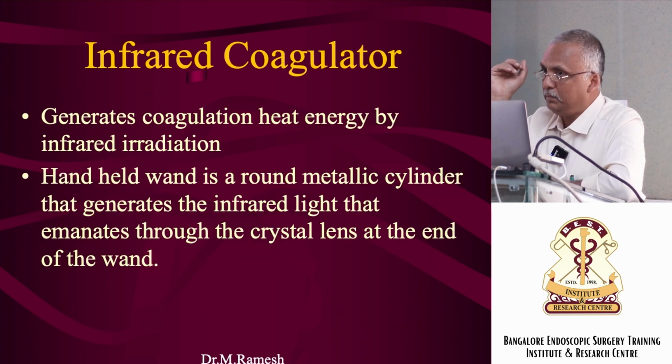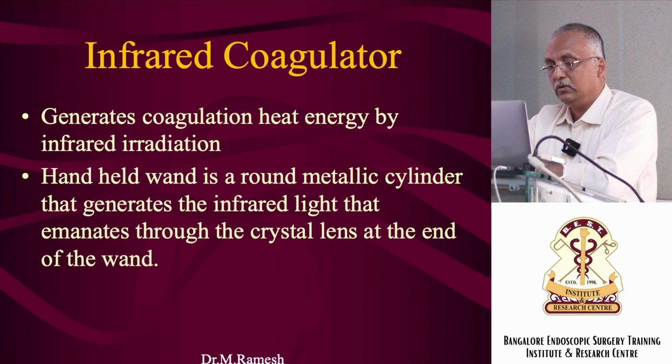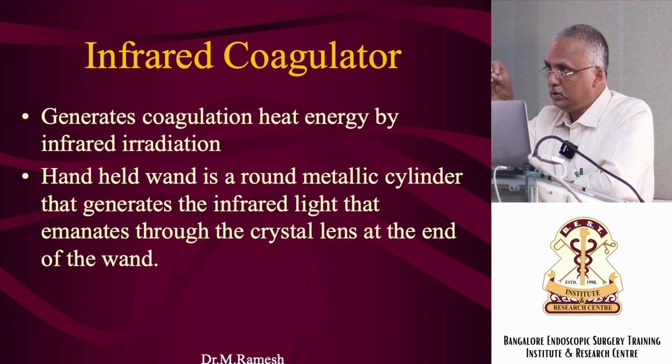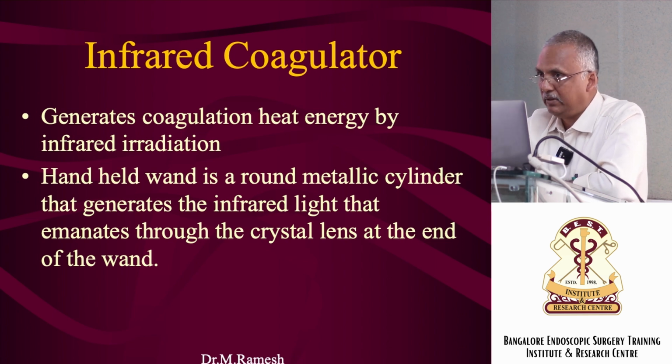Now the same type, we also have something called infrared coagulator. Even this goes through a wand, like a long rod, and on that you have a crystal, and through the crystal there is light that is produced, that is how the infrared coagulation is done.